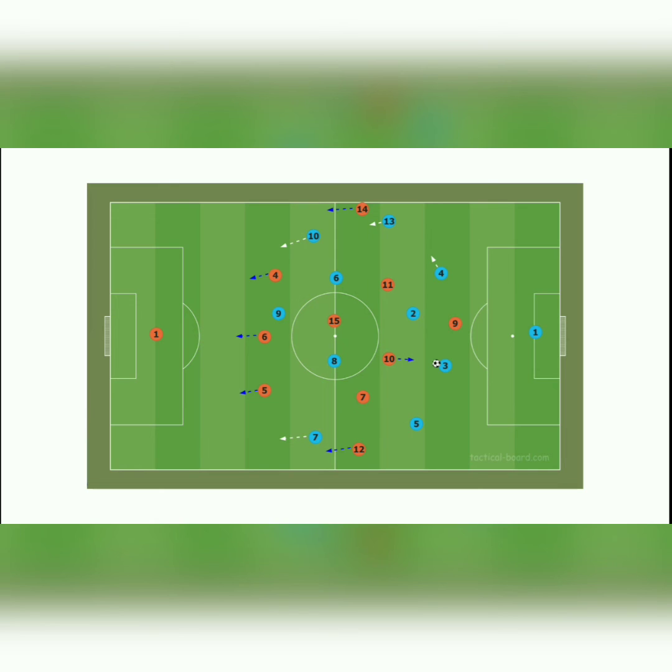The number 4 is trying to pull out wide to make himself a good outlet for the ball. And you've got the number 5 there acting as a passing option in the half space. So the players in team blue are trying to position themselves in such a way that it makes it easier to pass the ball through the lines of pressure.